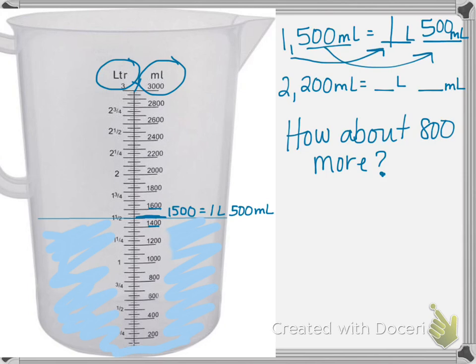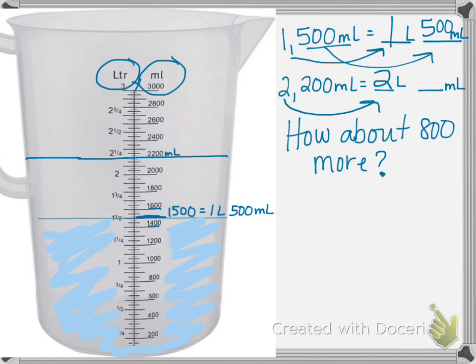Now what if I were to fill up my beaker a little bit more, up to 2,200 milliliters. So there's my 2,200 milliliters. But I want to know, how much is that in liters? Well, I can convert that 2,000 to 2 liters.